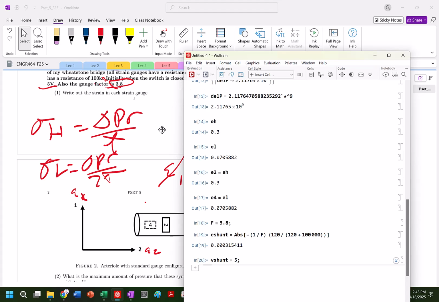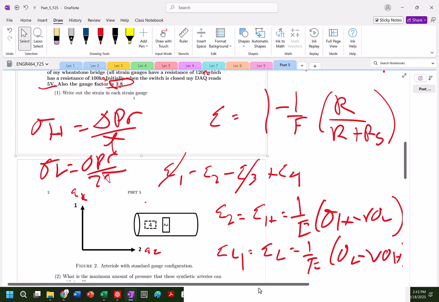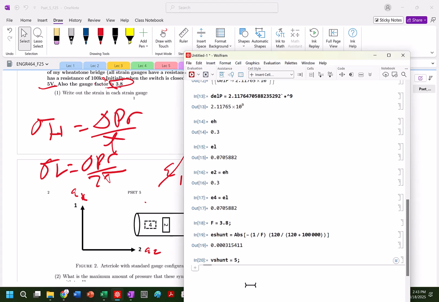Now, if I am in this configuration of my Wheatstone bridge, it is going to be this ratio. So now the strain that is measured, this is the voltage that correlates to this E shunt value. Now I'm going to do basically E1 plus E2 plus E3, all that good stuff.